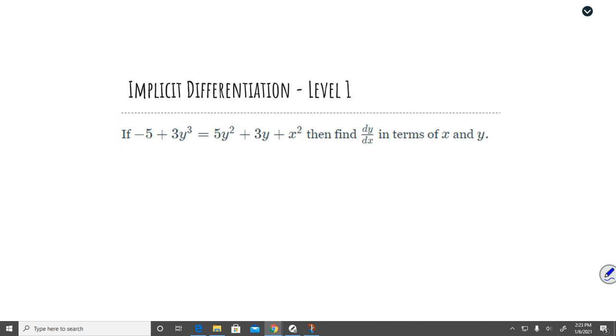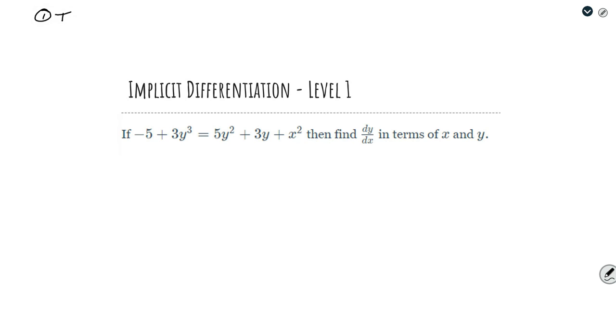All right, so there's 3 levels of implicit differentiation problems we're going to work on today. Here's level 1. So just a reminder, implicit differentiation, that's when you're taking the derivative of an equation that has an x and a y in it, and you're not bothering to get the y by itself first. So what you'll do on these is first, you'll just take the derivative.